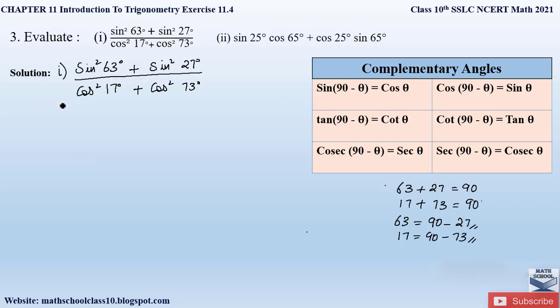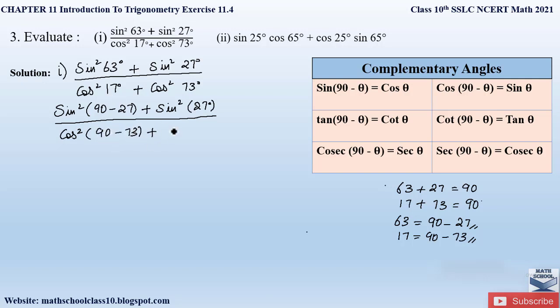We can write sine square 63 as sine square of 90 minus 27, plus sine square 27 degree, divided by cos square of 90 minus 73 plus cos square 73 degree.